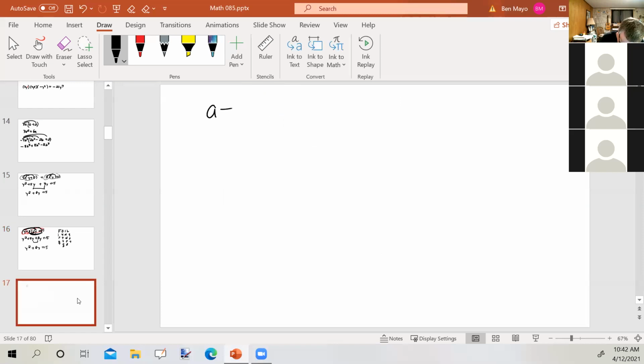Let's take a plus 4 times a plus 5. So we're going to take the first times the first. A times a is a squared. Then we're going to do the outer ones. A times 5 is 5a. The inner ones, 4 times a is 4a.